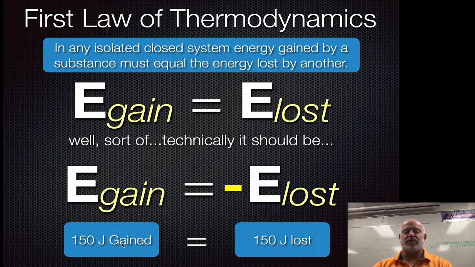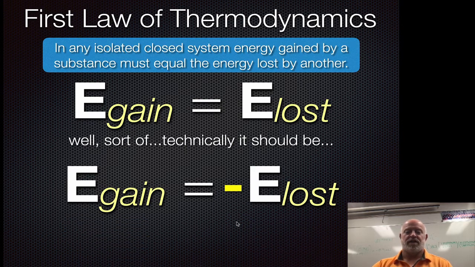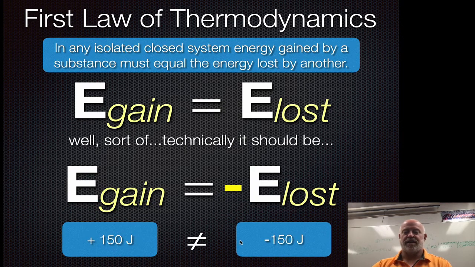So for example, maybe we ran a chemical reaction that was endothermic and had to gain 150 joules of energy. So the surroundings had to lose 150 joules of kinetic energy, for example, okay? The problem is a positive 150 gain is not equal to a negative 150. They're opposites of each other, okay?